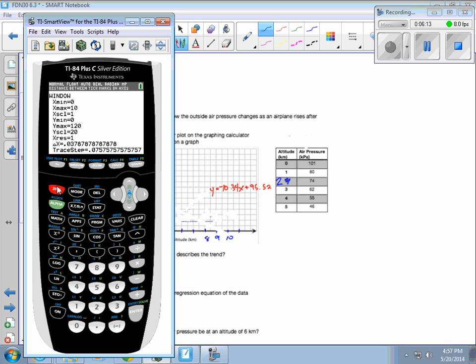So second, stat plot. My plot is on, I'm good there. I have the scatter plot, I've got list 1, list 2, that's all good. If I go back to here, that is all turned off.